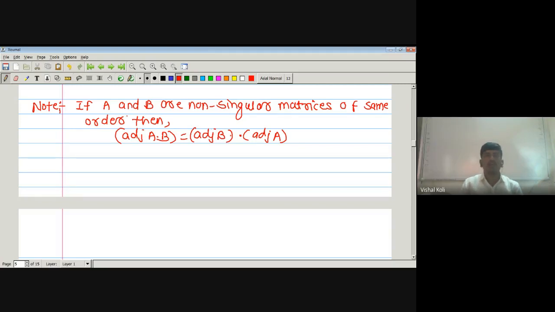If we have two non-singular matrices of the same order, then adjoint of AB is nothing but adjoint of B into adjoint of A. This is the first note.